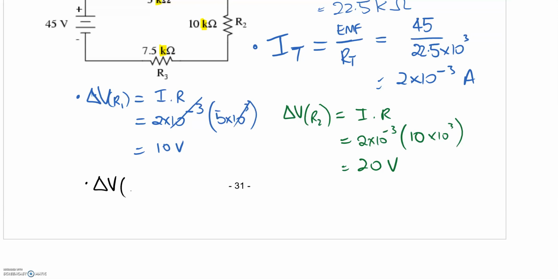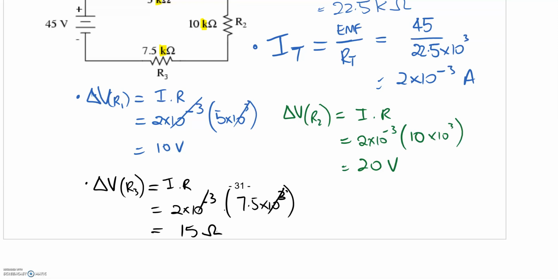Change in volts across the third resistor is I times R, and same deal, 2 by 10 to the negative 3, and the resistance in this case was 7.5 by 10 to the 3. They cancel. 2 times 7.5 is 15 volts.